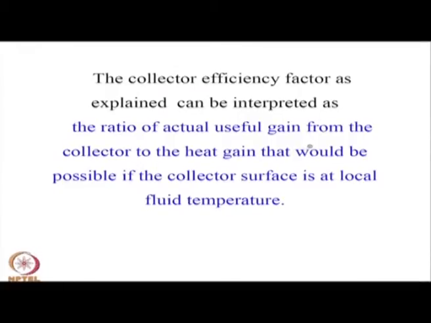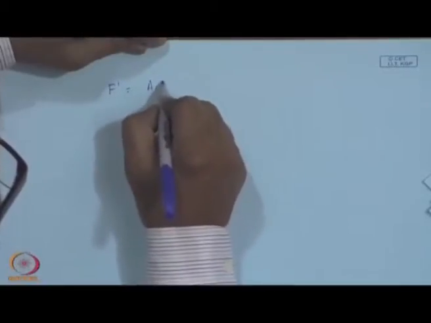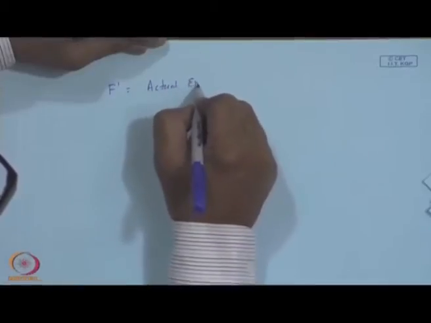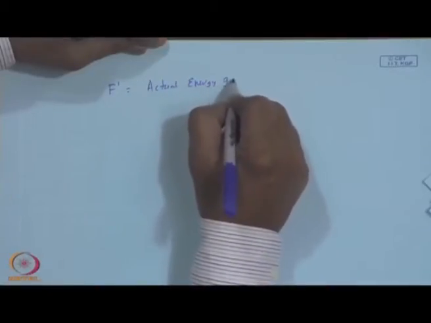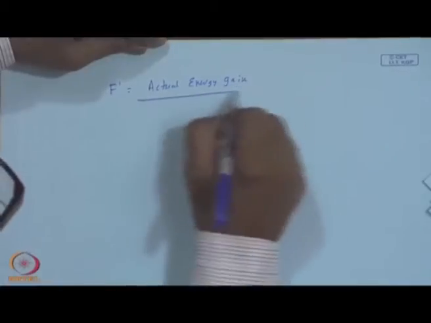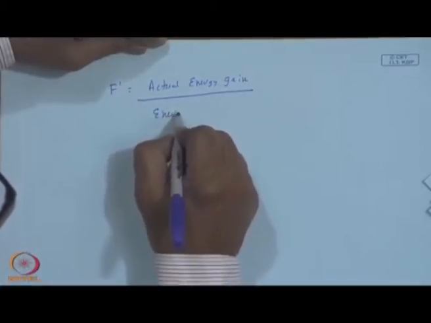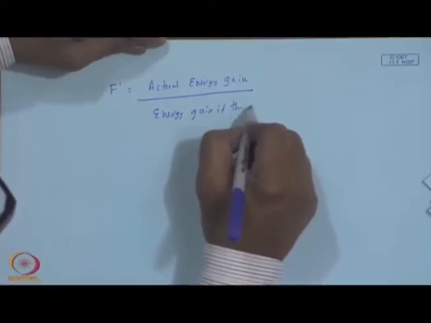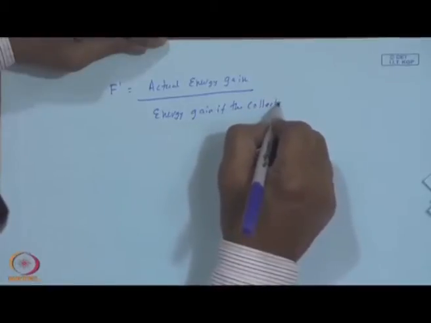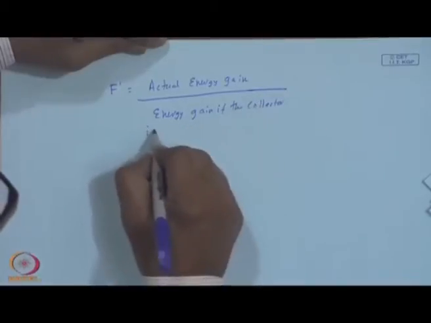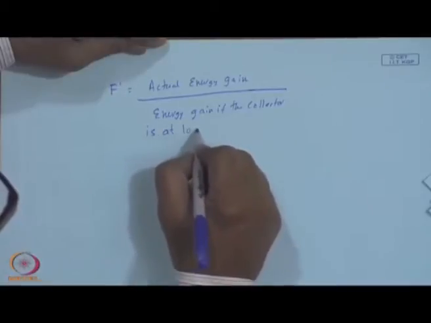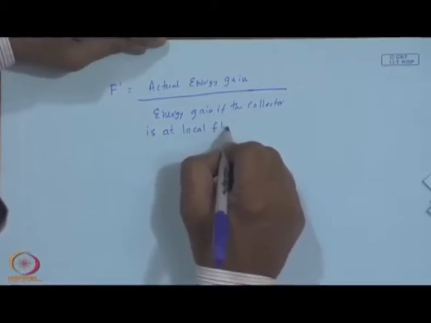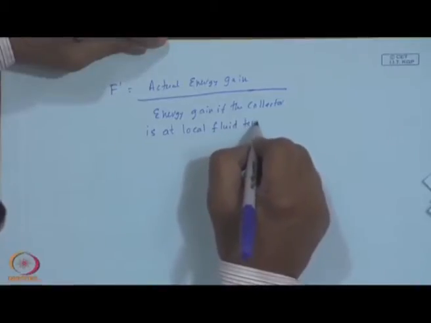So, now one can interpret this actual useful energy gain. So, F dashed is the ratio of actual energy gain to the possible energy gain if the collector is at local fluid temperature.